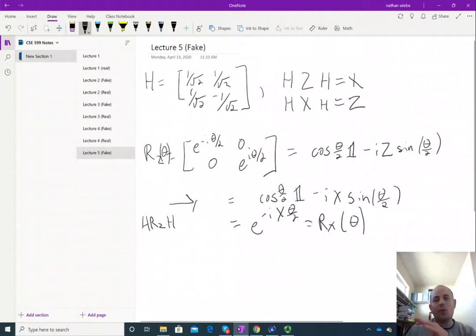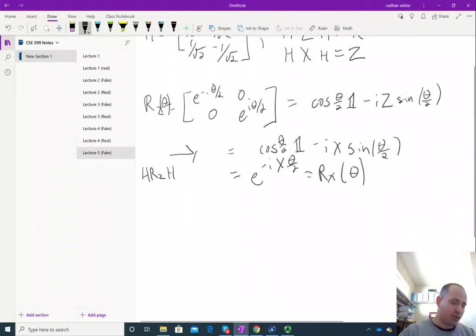So you can see that Hadamard not only transforms X into Z and vice versa, but it also transforms our single qubit rotations about the Z-axis into rotations about the X-axis, if you like a physical interpretation.